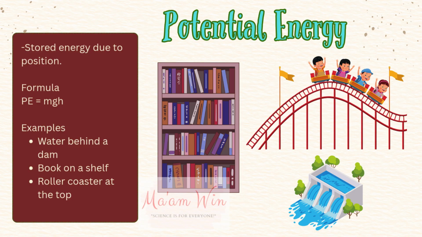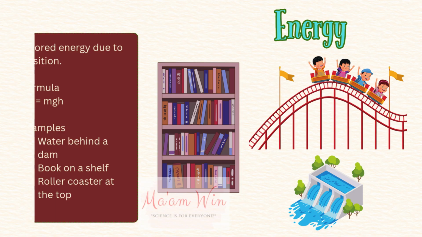Take note of this. The higher an object is lifted, the more potential energy it stores. This stored energy can later be converted into kinetic energy when the object begins to move.